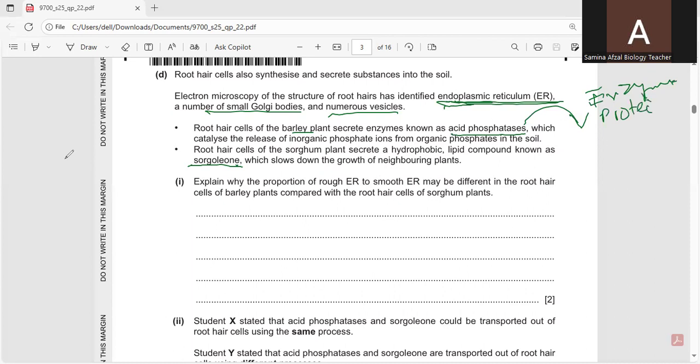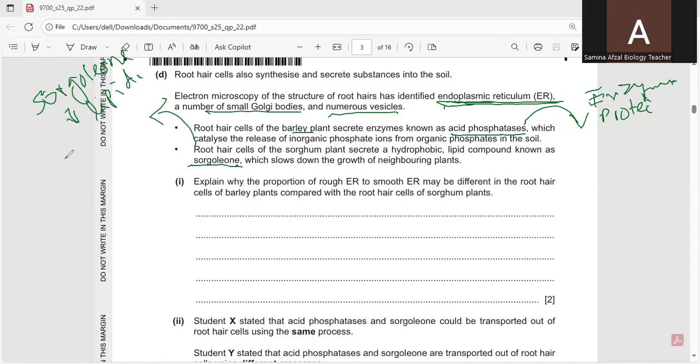On the other hand, in sorghum, sorgoleone is a lipid. Both are producing different products, so they may be different.